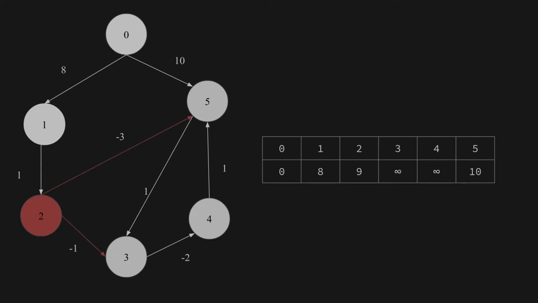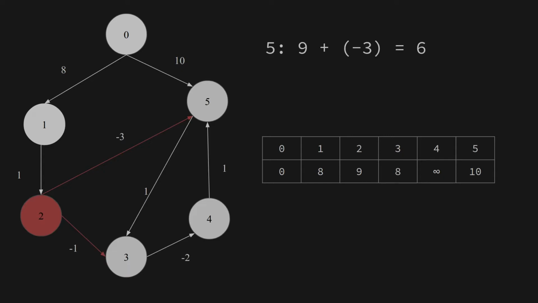Then we move to vertex 2 and look at its outgoing edges. Now for vertex 3, we have a new distance of 9, which is the distance for 2 and then minus 1. So we get 8. And this is a better distance, so we update it.